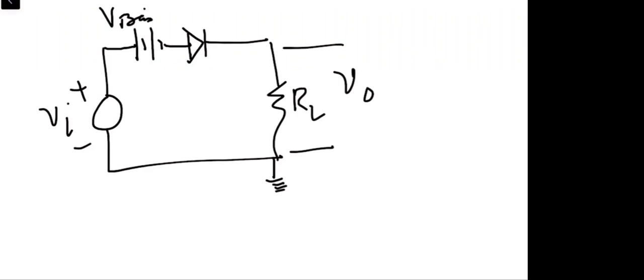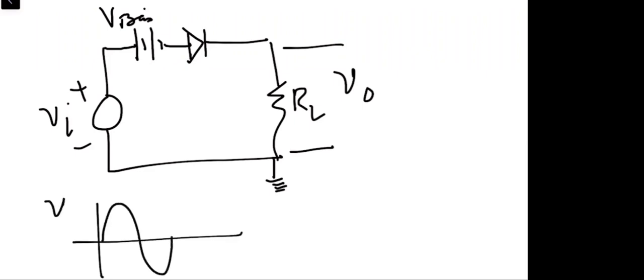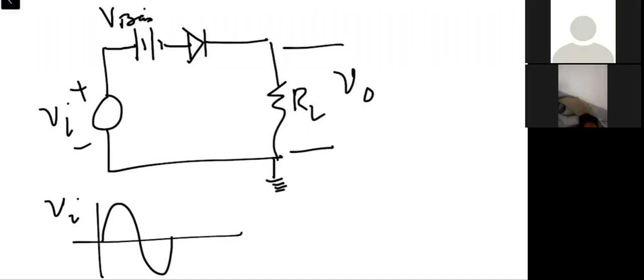So again, we have the input VI over here. Now what will happen to the output? Again, we consider the diode as an ideal diode. What will the output be? Anyone?